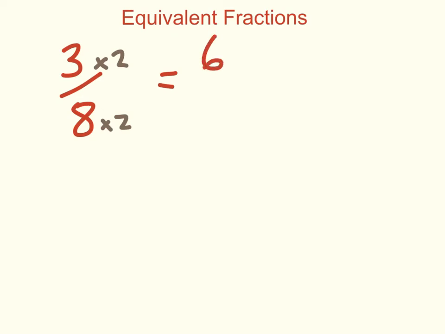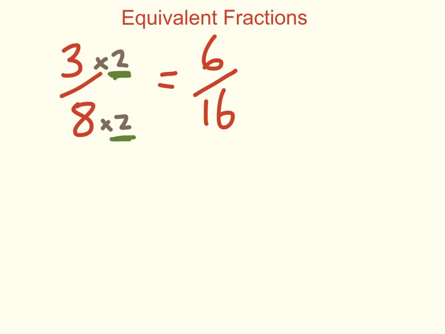Let's do another example. If I have 3/8, let's make an equivalent fraction. I'm going to multiply both my numerator and my denominator by 2. 3 times 2 is 6. 8 times 2 is 16. Because I multiplied both by the exact same number, 3/8 is equivalent to 6/16.